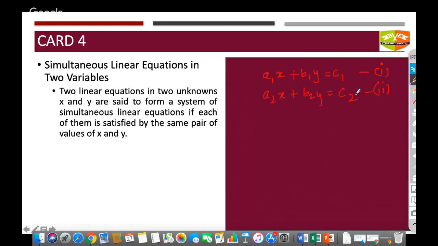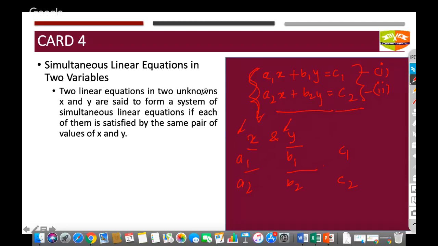So this is called simultaneous linear equations in two variables. I have two variables x and y here, and just by changing the coefficients of x and y two times, first case I'm taking a1, second case a2, b1 and b2 in the first and second case, and c1 and c2 respectively. I'm trying to make two linear equations, and together these two linear equations would be called simultaneous linear equations or a pair of linear equations.